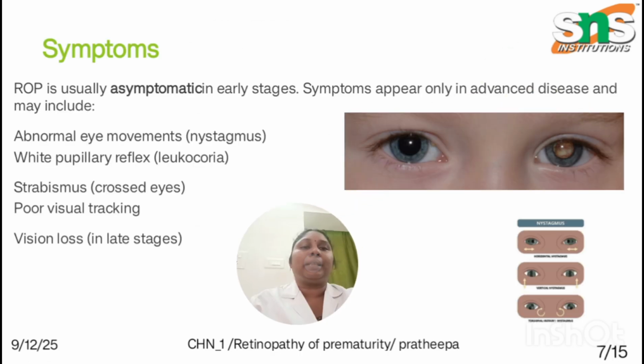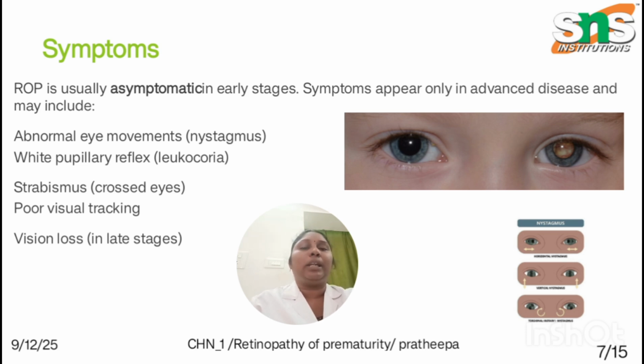Next, the symptoms. Mainly it is asymptomatic in the early stage. Symptoms appear only in advanced stages and may include abnormal eye movements, white pupillary reflex, strabismus, poor visual tracking, and vision loss in the last stage.